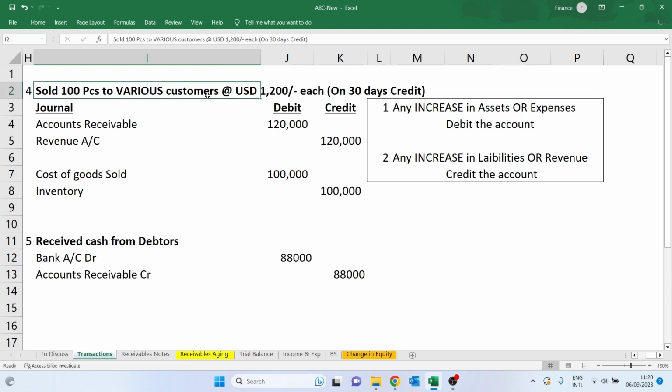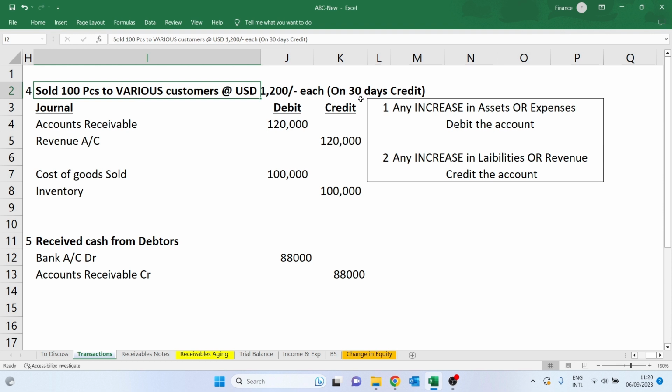Various customers you can see in the subledger of accounts receivable, so that will show in the accounts receivable aging. Here 100 PCs are sold at the rate of $1,200 each on 30 days credit.